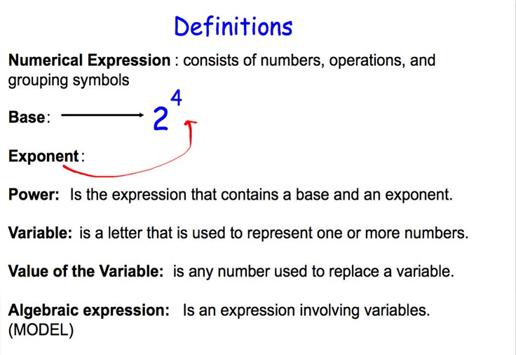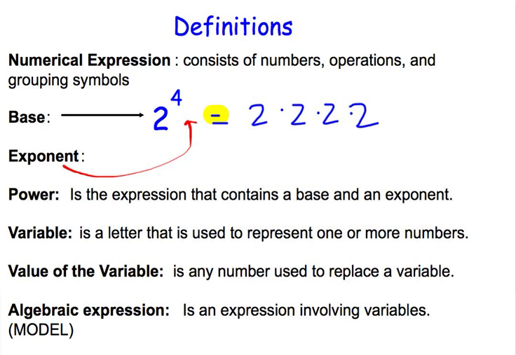So in other words, 2 to the 4th power means the same as saying 2 times 2 times 2 times 2. It means that I'm multiplying 2 four times. Not 2 times 4, that's not what that means. It means I'm multiplying the base by itself 4 times.